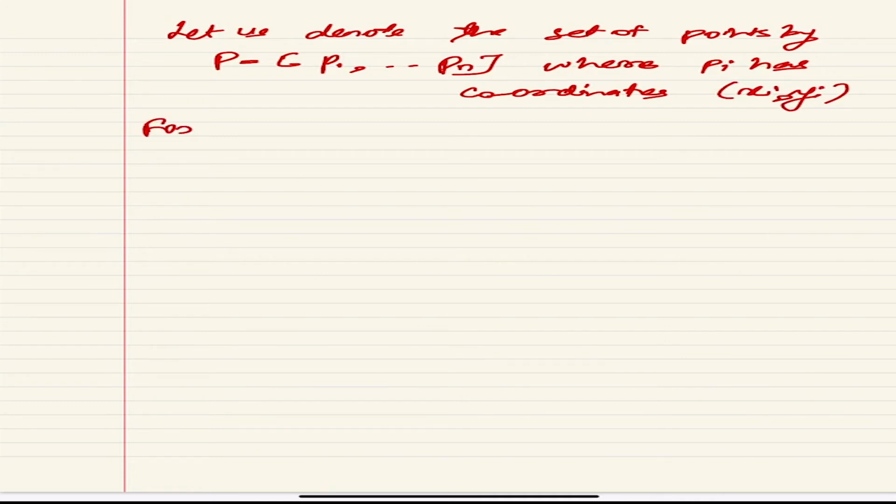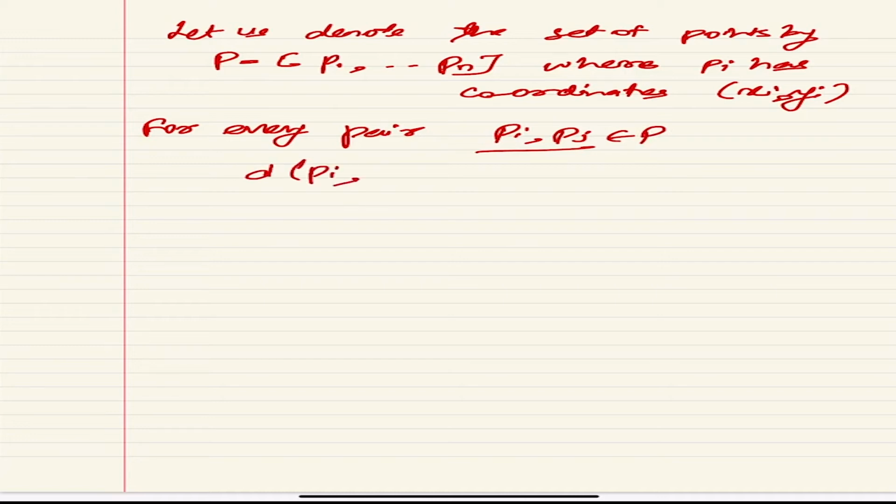Now for every pair pi and pj, let's say d(pi, pj) denotes the standard Euclidean distance.